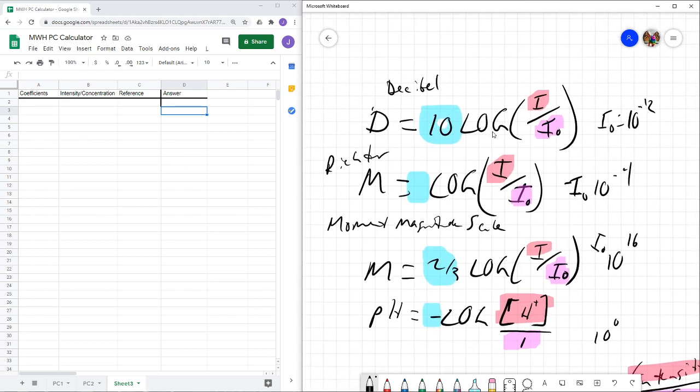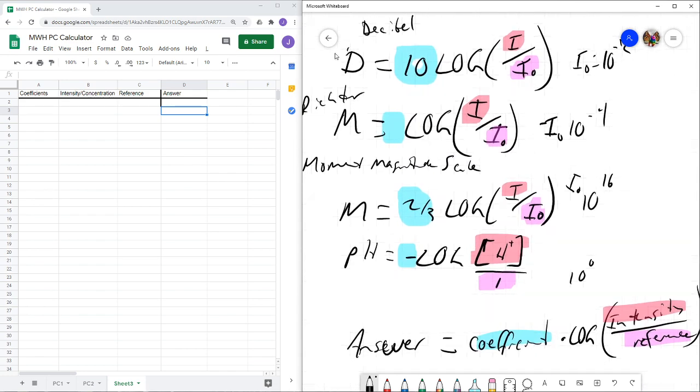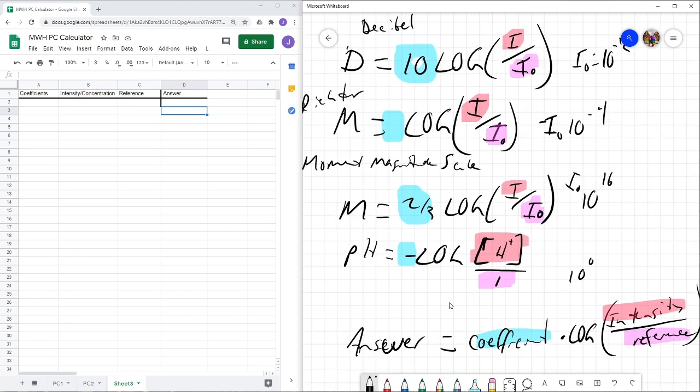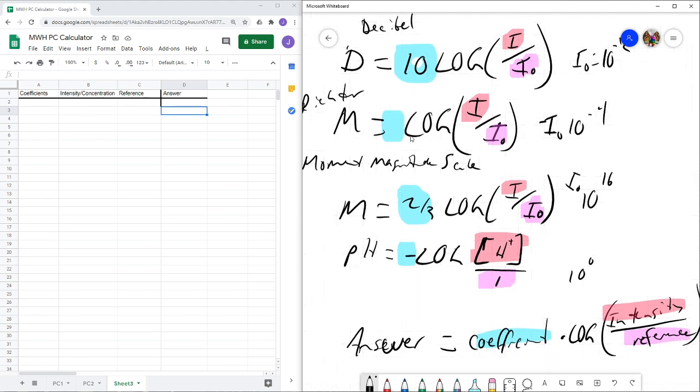So we looked at last time four equations or four models with logarithms, and we noticed that they all had something in common. They all had an intensity or a measured concentration, and then they all had a reference.